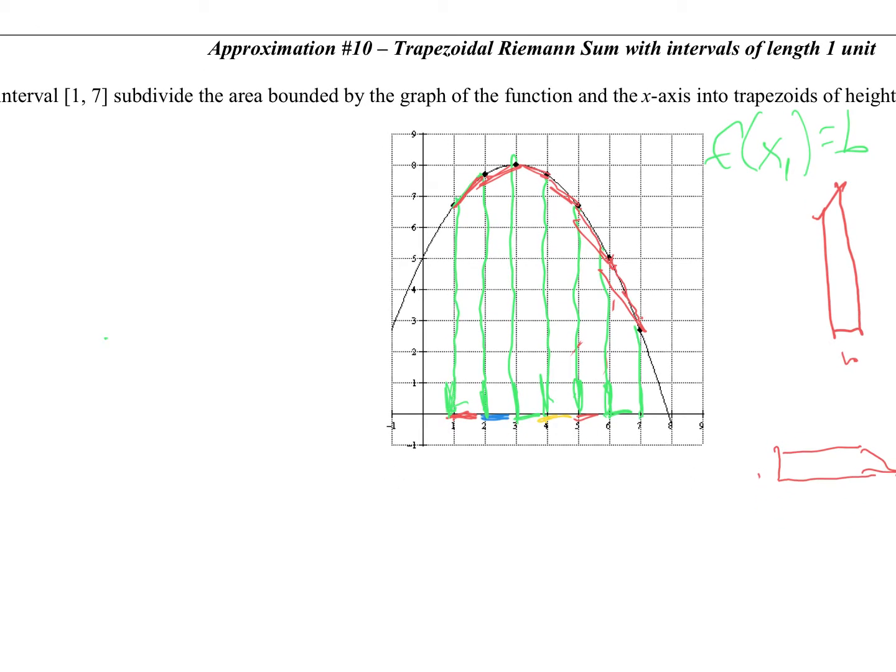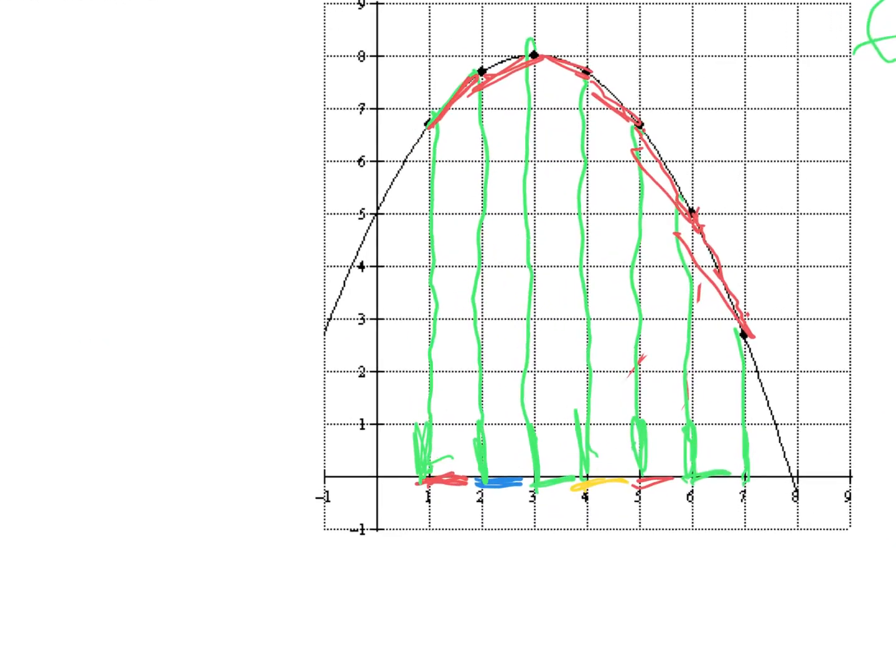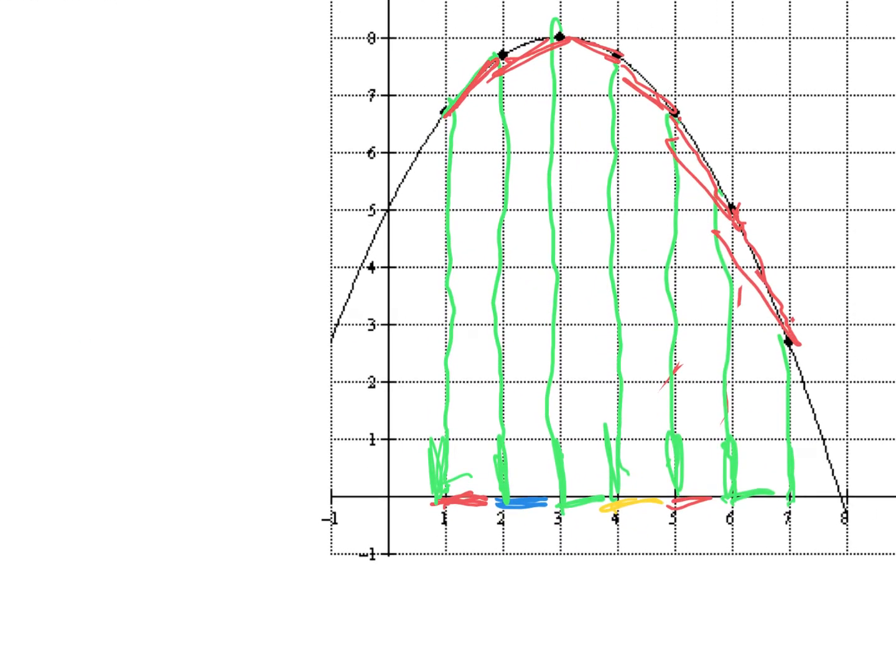So the magic is this. If I was to be critical, these are all separate bases. In other words, I will call this one base 1. I will call this one base 2. And the area of that trapezoid, see, this distance here is the same thing as your height.